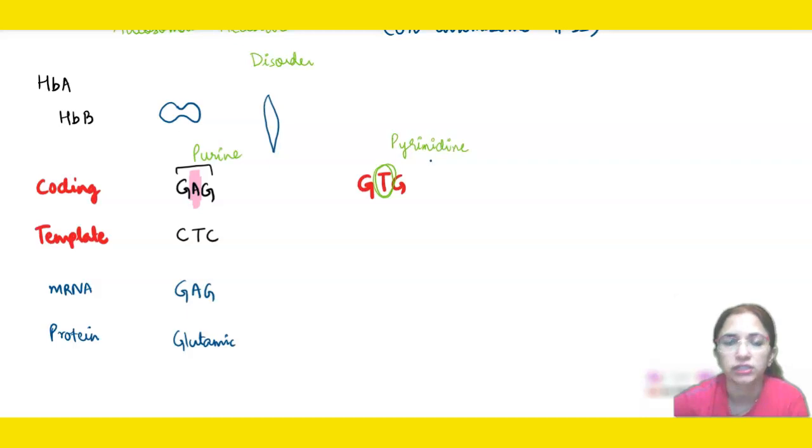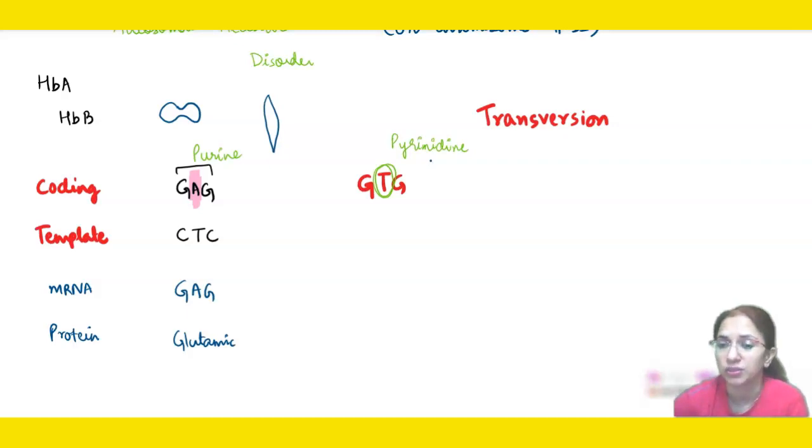So what substitution has happened? Yes, you are right. This is transversion. We have discussed in point mutations that whenever a purine is replaced by a purine or a pyrimidine is replaced by a pyrimidine, it is transition.